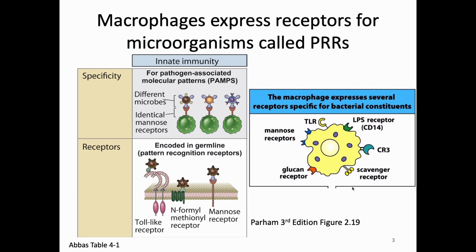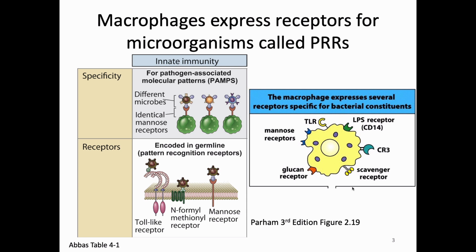The idea is that they are responding to some conserved part of the microbial structure, which is great because, A, it means that it's something on lots of microbes, so you don't need a million receptors to respond to a million microbes. You can have receptors that are hitting broad classes of microbes.